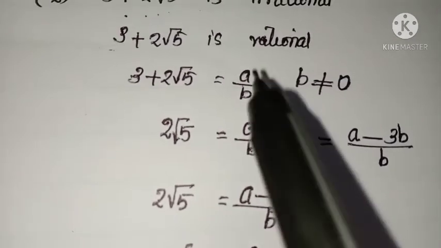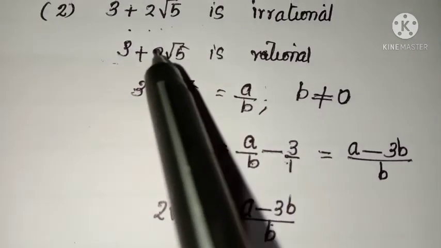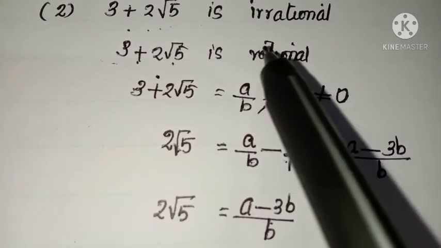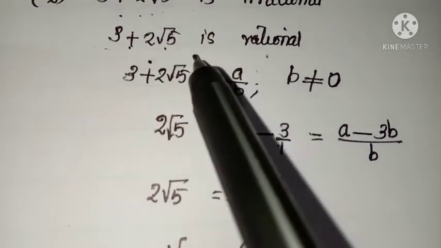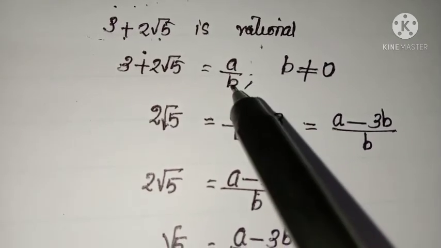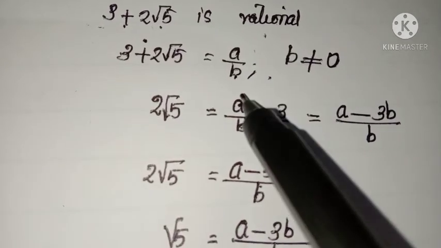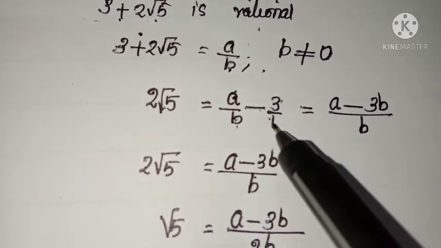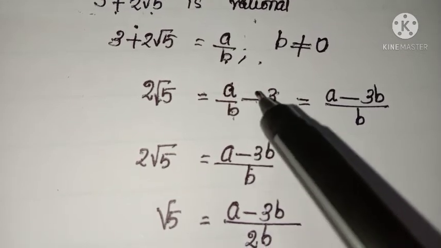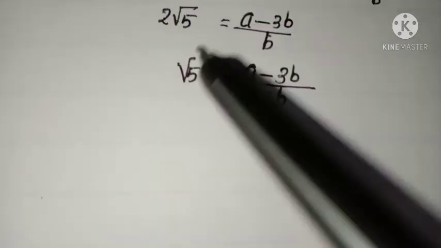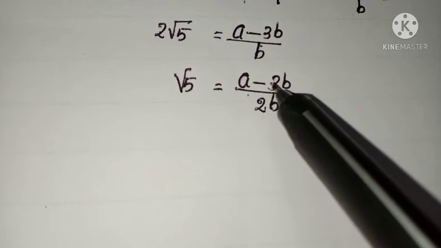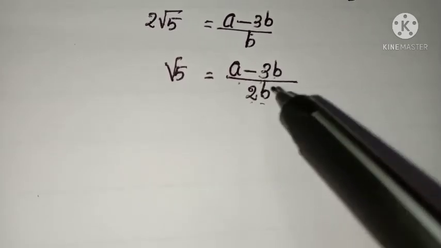Okay. So, we assume by contradiction 3 plus 2 root 5 is rational. If it is rational, this can be written as a by b form. Now, take this 3 to the other side: a by b minus 3. Then take LCM or cross multiplication. We get root 5 is equal to (a minus 3b) by 2b.